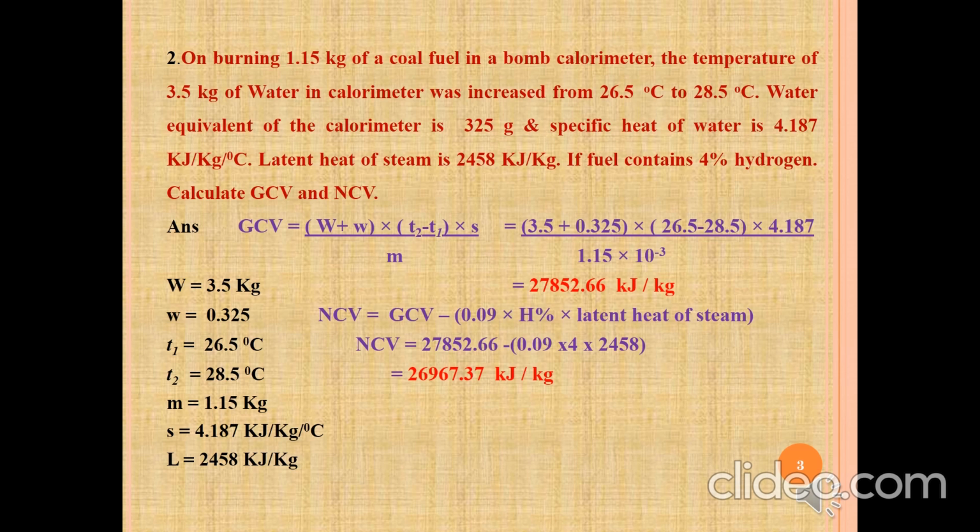So after writing the given terms, we have to write the formula to calculate GCV. The formula used is GCV equal to (capital W plus small w) into (T2 minus T1) into S divided by M. So we substitute the given terms into the formula: (3.5 plus 0.325) into (26.5 minus 28.5) into 4.187 divided by 1.15 into 10 raised to minus 3.